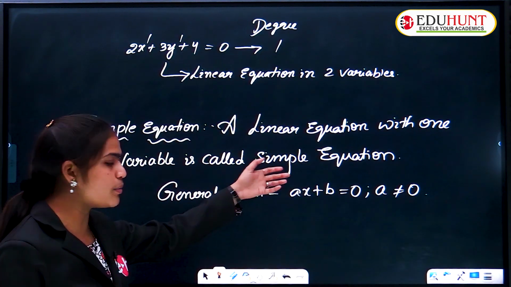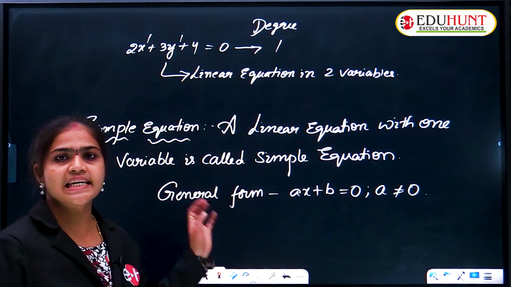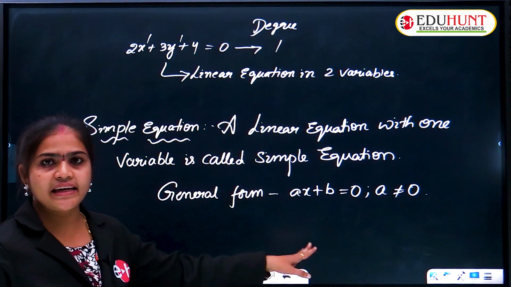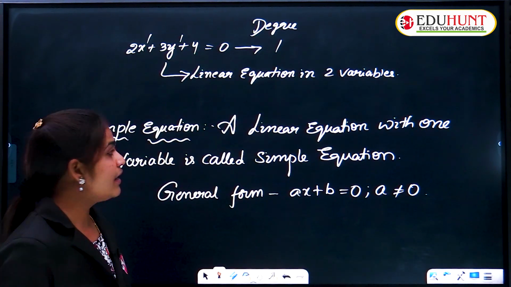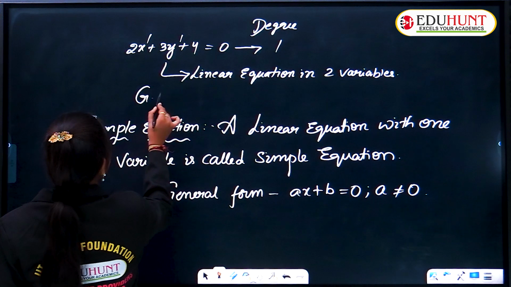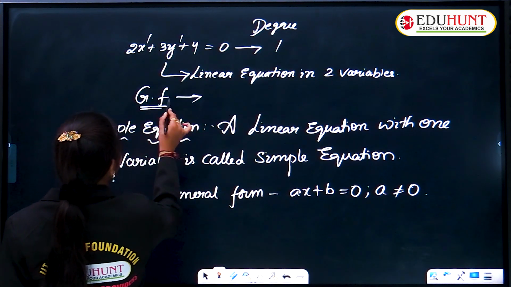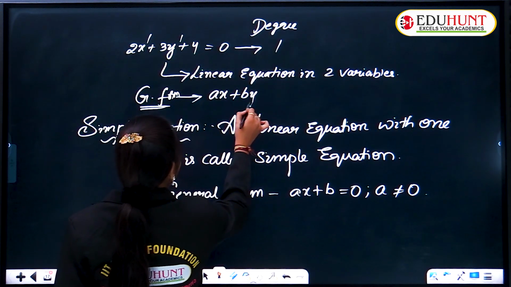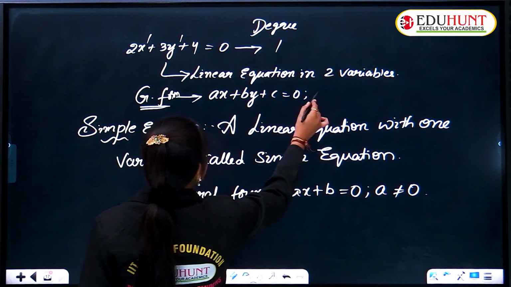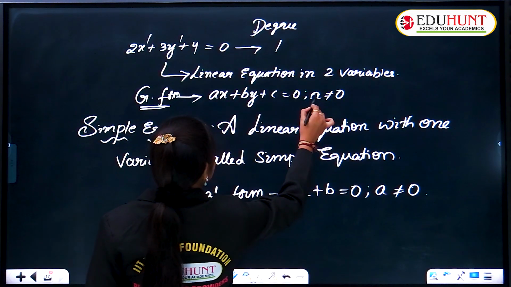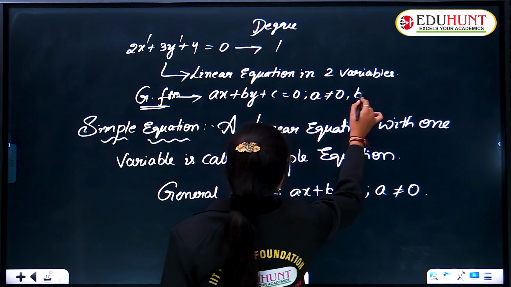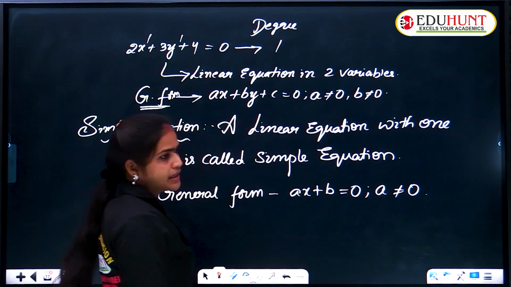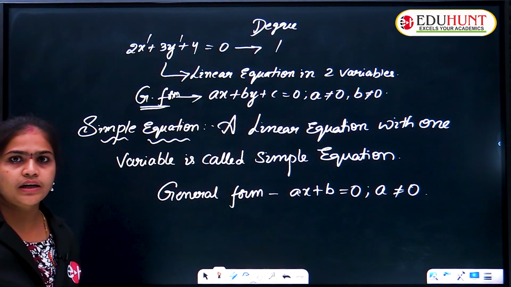This is the general form of a simple equation, and in the same way the general form of a linear equation in 1 variable. And what is the general form of a linear equation in 2 variables? That is ax plus by plus c is equal to 0, a not equal to 0, b also not equal to 0. Two conditions, since there are two variables.